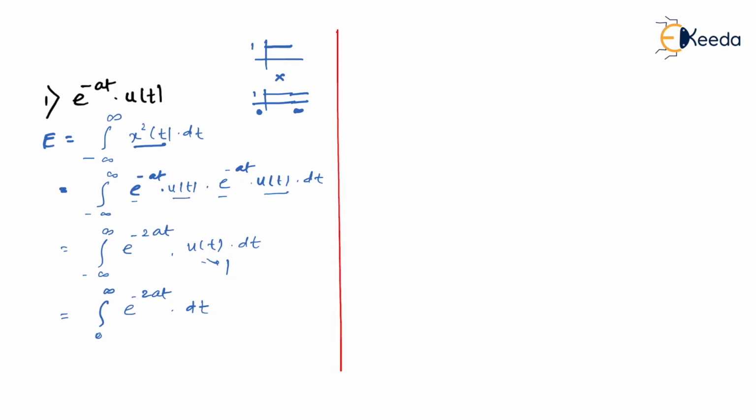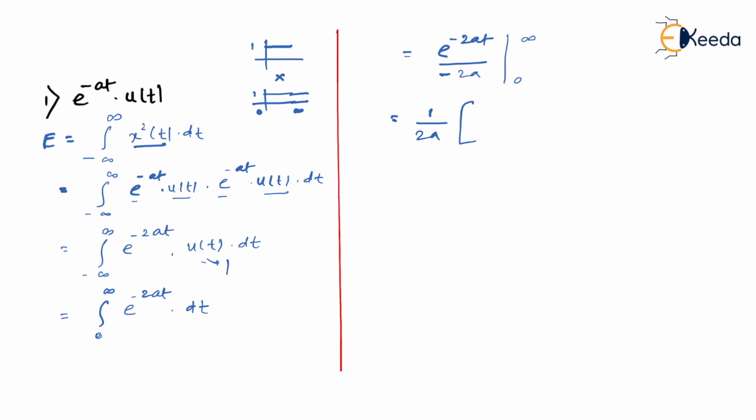Now it is a very simple integration. e to the power minus 2at by the constant minus 2a, and limits are from 0 to infinity. I'm taking 1 upon 2a out. We know that actually there is a negative sign, but I'm not taking that negative sign out; I'm taking a positive sign out.